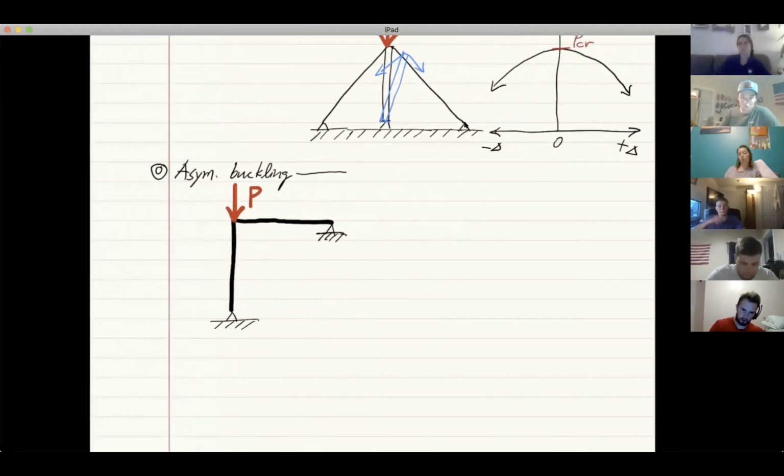Now, there are two buckling modes for this frame. One of them, you call it mode 1, means when buckling occurs, the frame will deform like that. So I'm going to use this, and that means when buckling occurs, it will go like this. And right here, it still preserves the right angle.